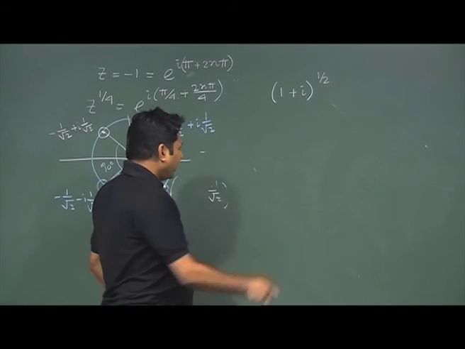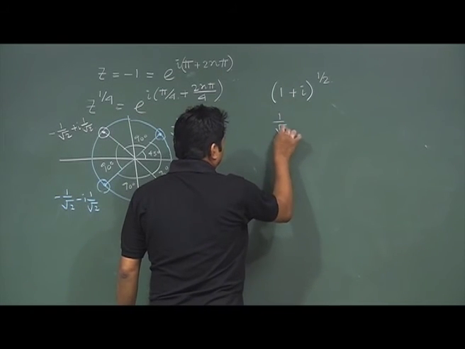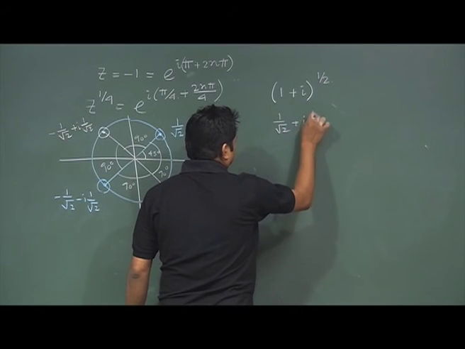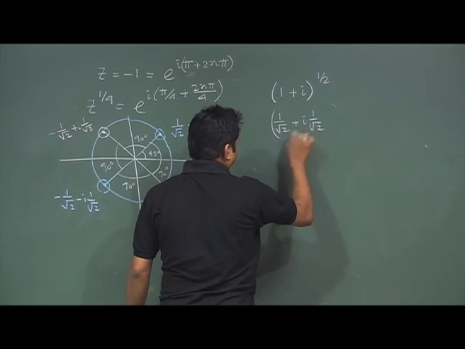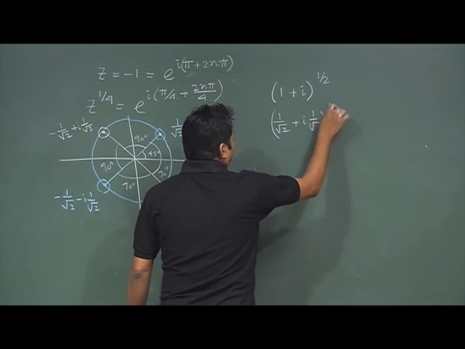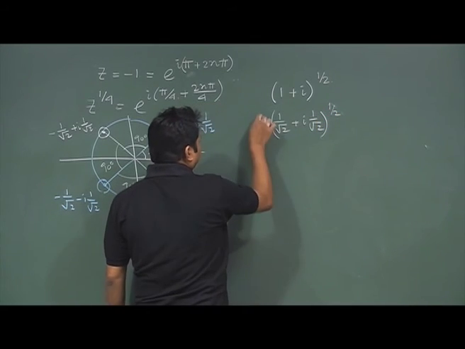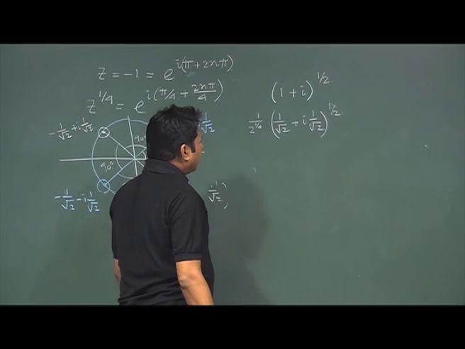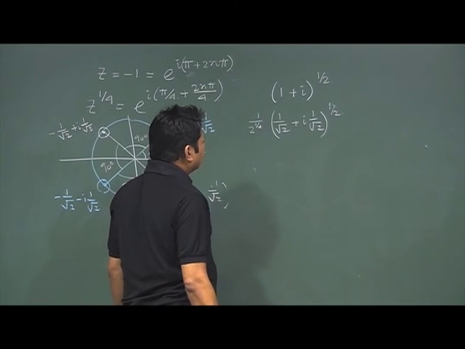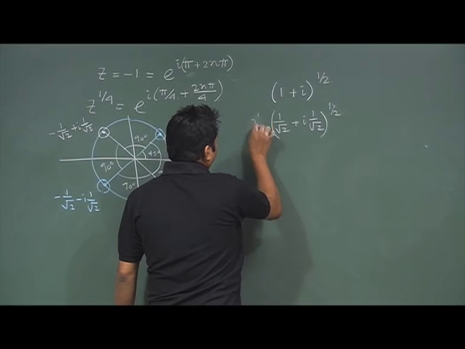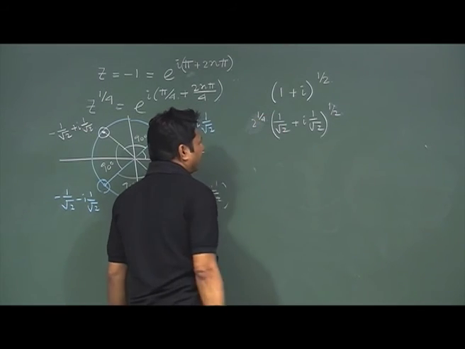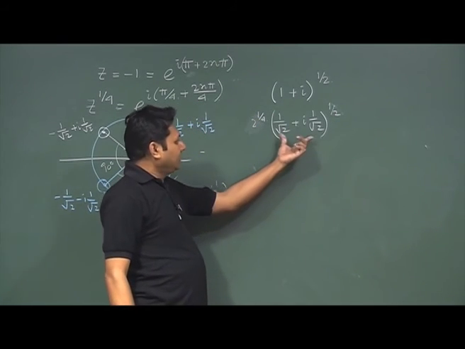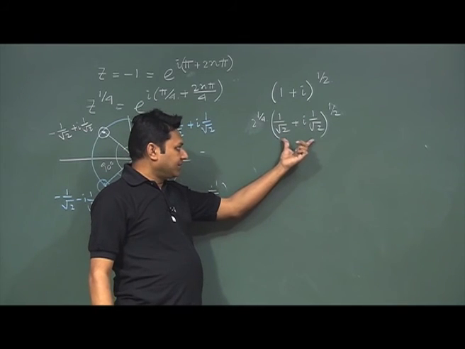What you will do is just multiply this, and if you take, it will be 2 to the power 1 by 4, I guess, and then you can write it as cos and sine with some angle.